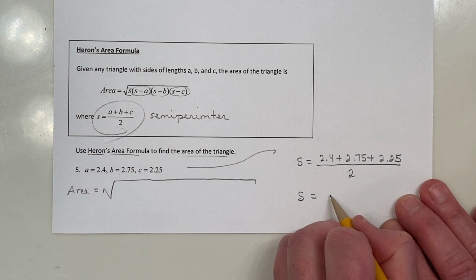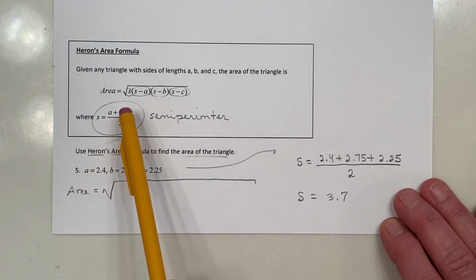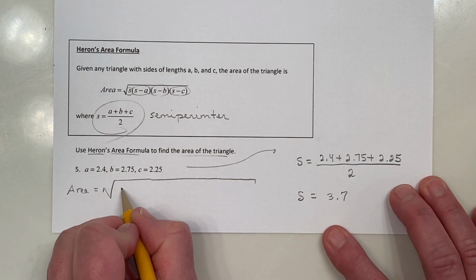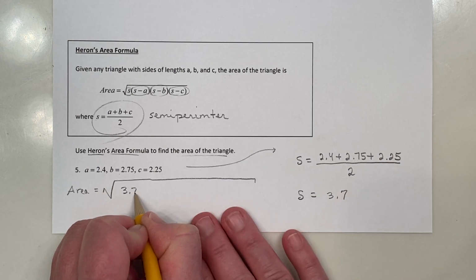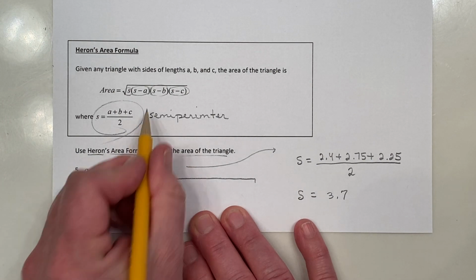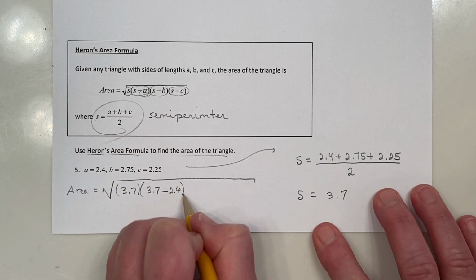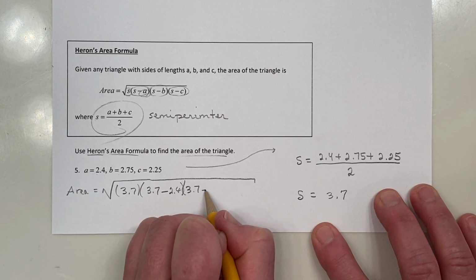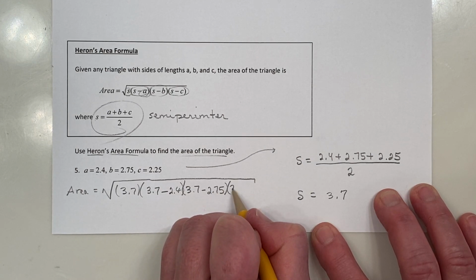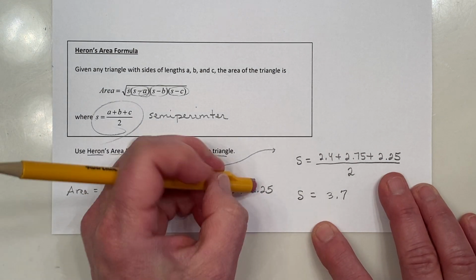Looks like that's going to be 3.7. So that S value goes here, here, here, and here. So 3.7 times 3.7 minus A. And then 3.7 minus B, 2.75, times another parentheses, 3.7 minus C, which is 2.25. I'm going to have to extend that a little.